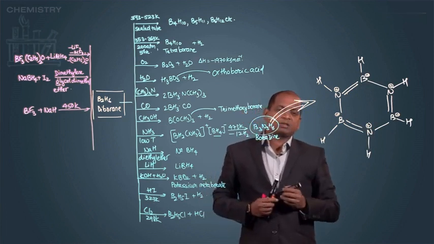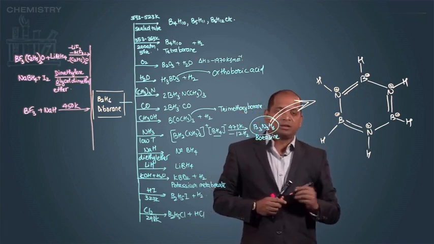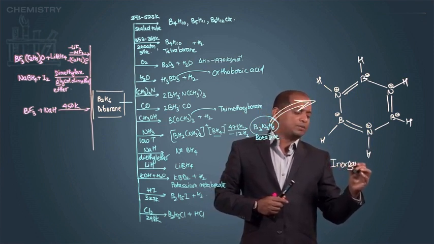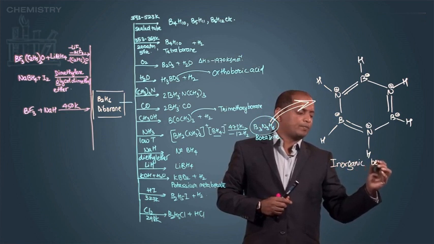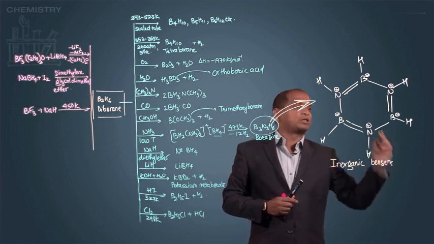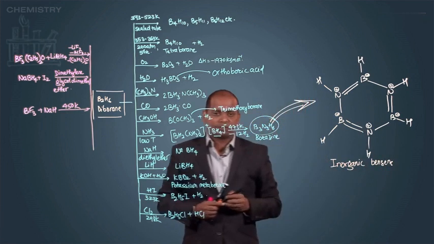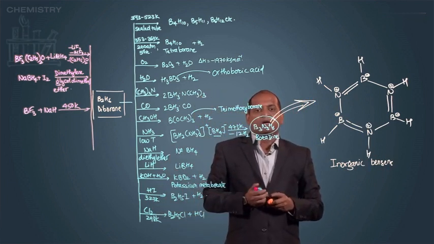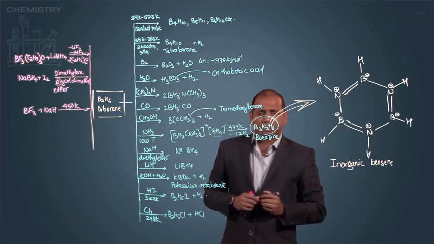This structure is similar to that of benzene, therefore it is also called inorganic benzene. And there is resonance of these electrons. Borazine, or inorganic benzene.